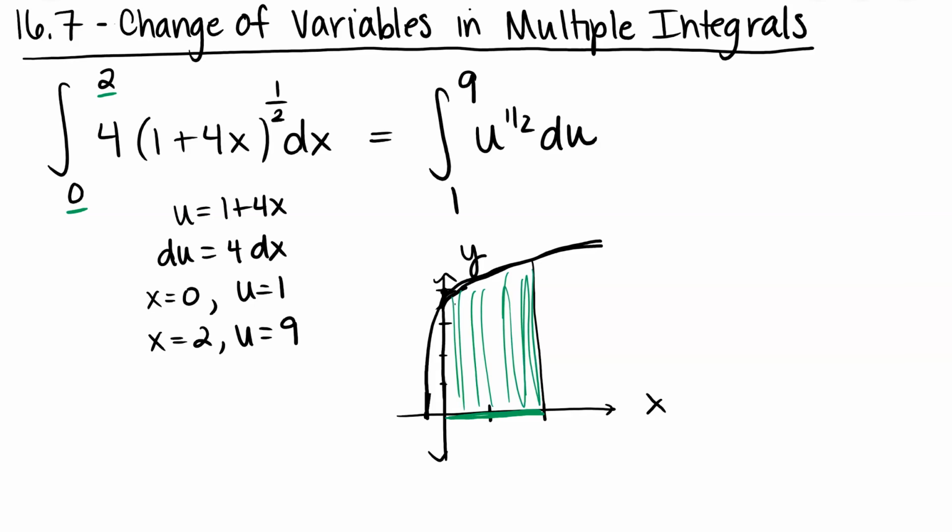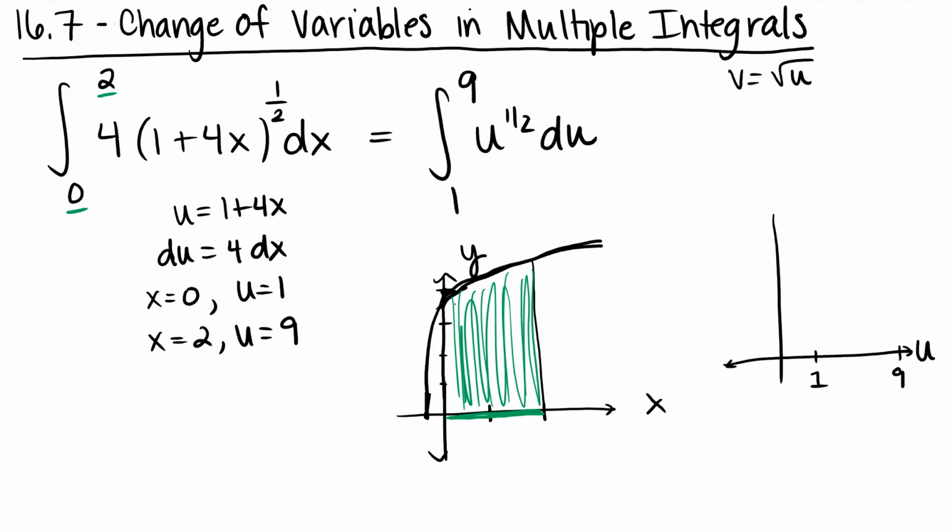So when we do a substitution, really what we're doing is a transformation. We had x and y, and now instead of x and y, I would have u as my x-axis, and then let's define v to be my y. So now I'm integrating v equals the square root of u, from 1 to 9.